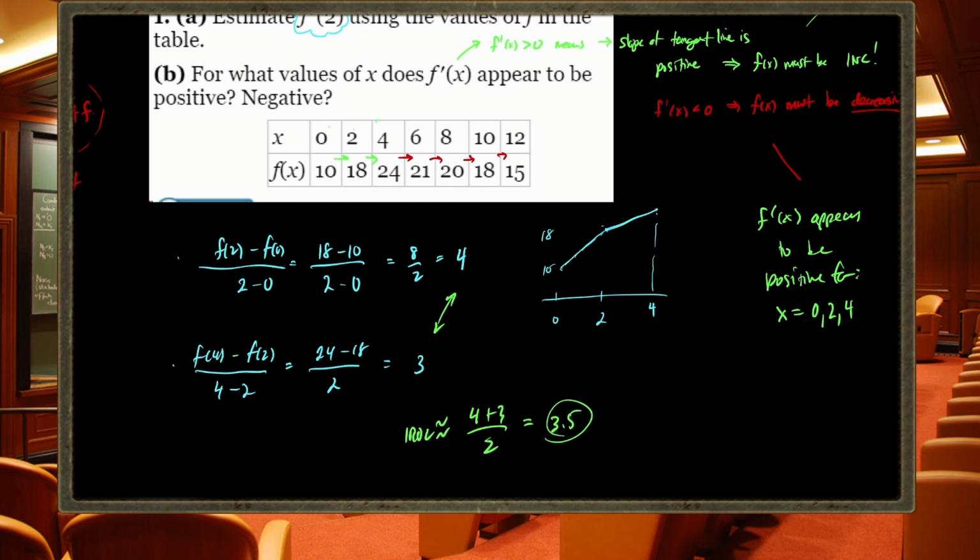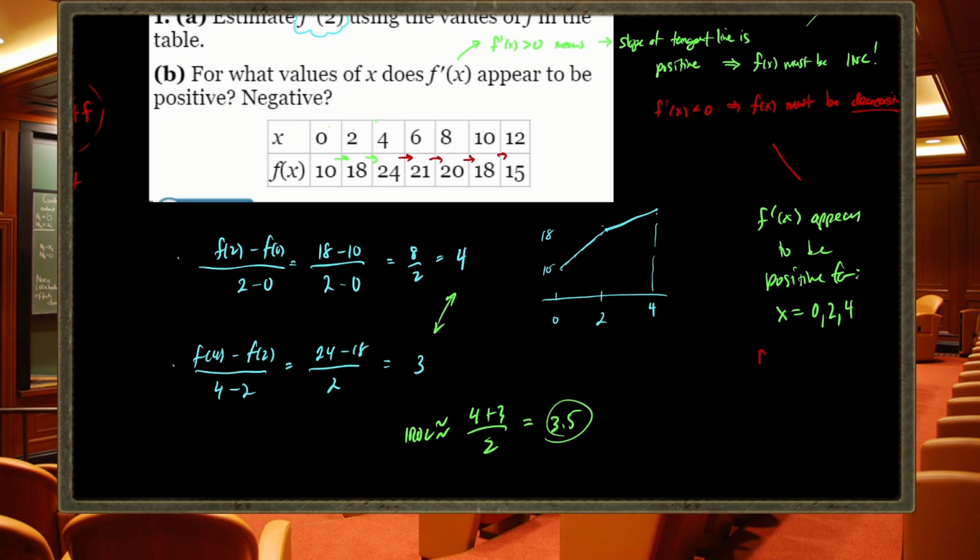And then again, you do this at 2 to get an idea of what's going on at 4. It's increased by 6 leading to it and decreased by 3 going away from it. So our best guess is that it's closer to increasing than decreasing there. But again, we're working with imperfect information.